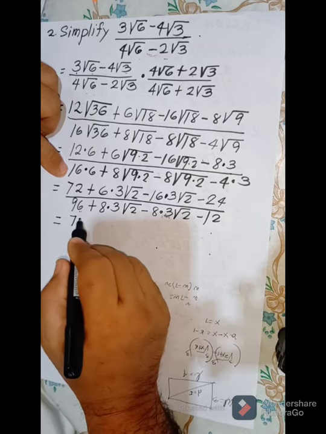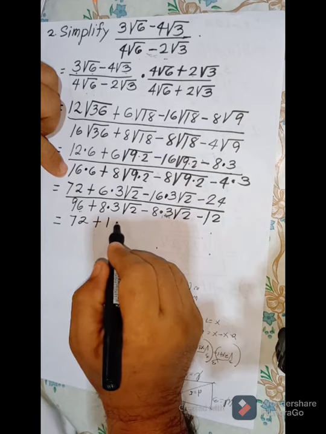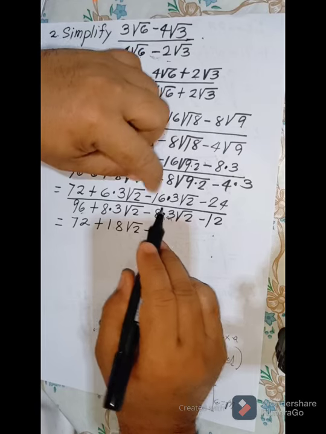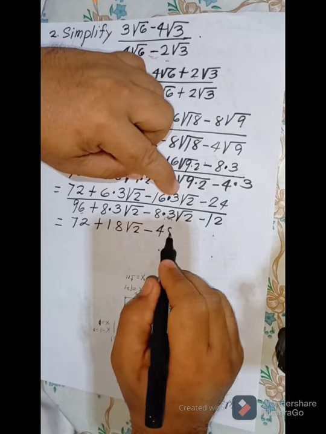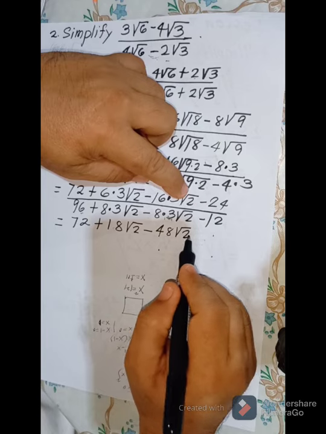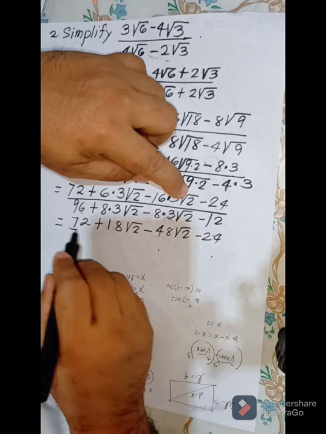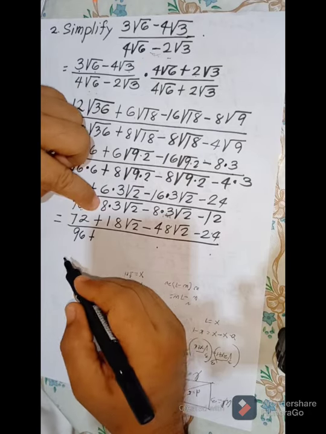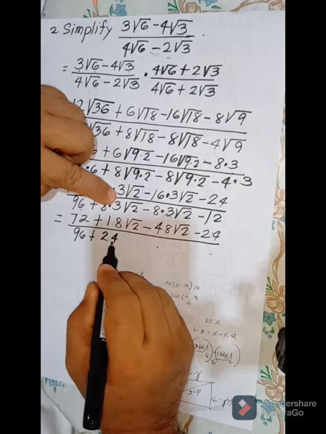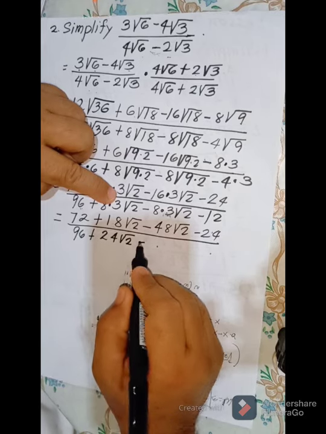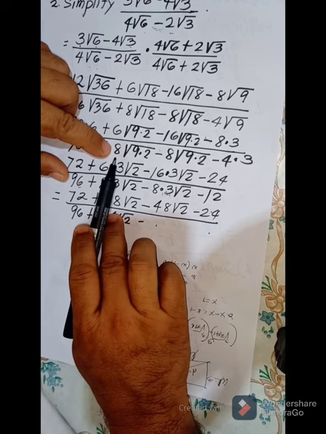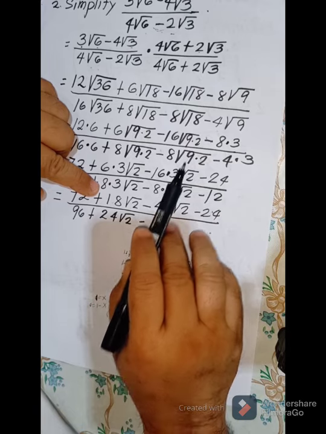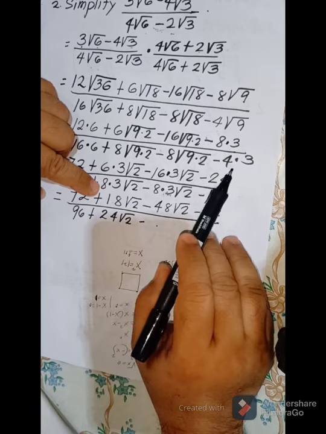So 72 plus 18 times 3 square root of 2, radical part, minus 16 times 3 is 48, radical part square root of 2, minus 24, all over 96 plus 8 times 3 is 24 square root of 2, minus 4 times 12.